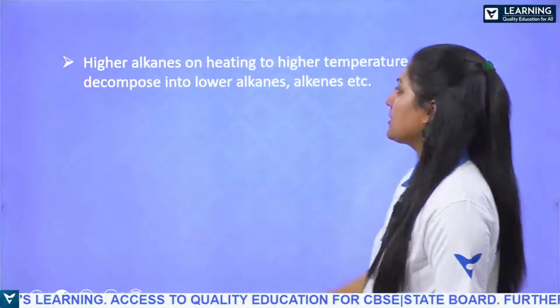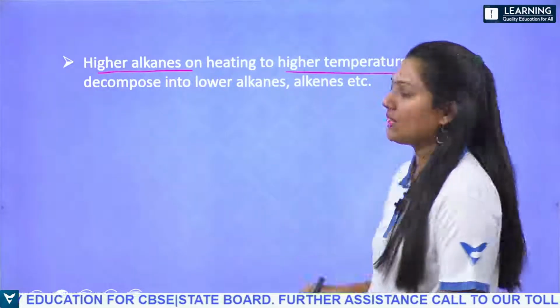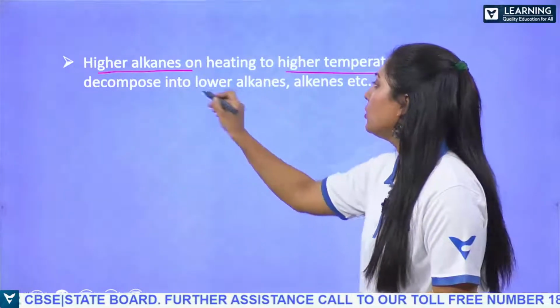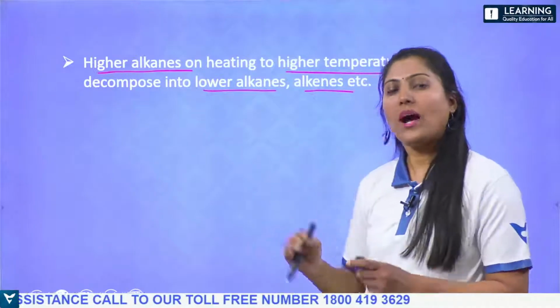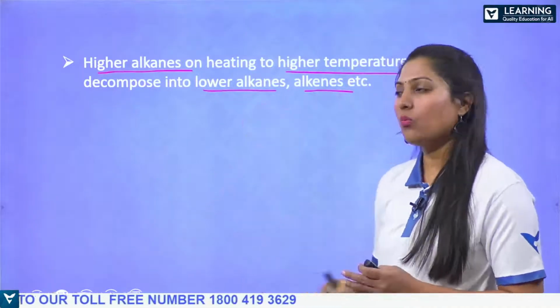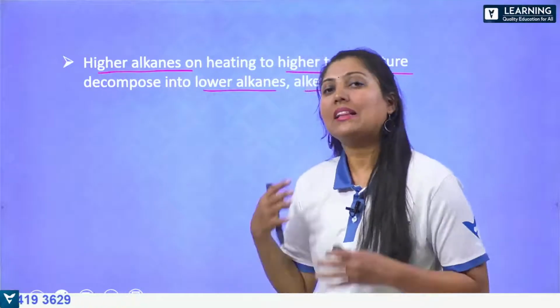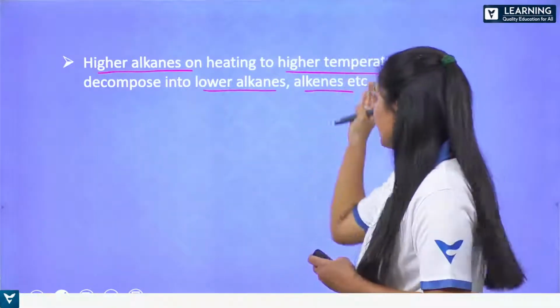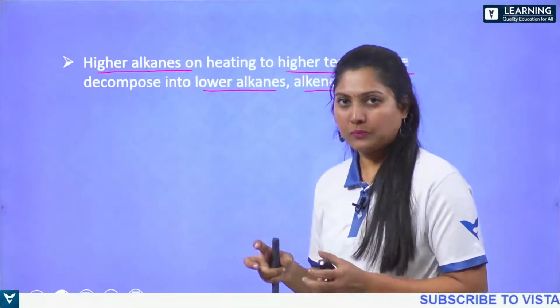Next, higher alkanes on heating to a higher temperature decompose into lower alkanes or alkenes. So if you have a higher alkane, for example a 10, 12 or 20 carbon chain, on heating at a higher temperature it will split into small groups.